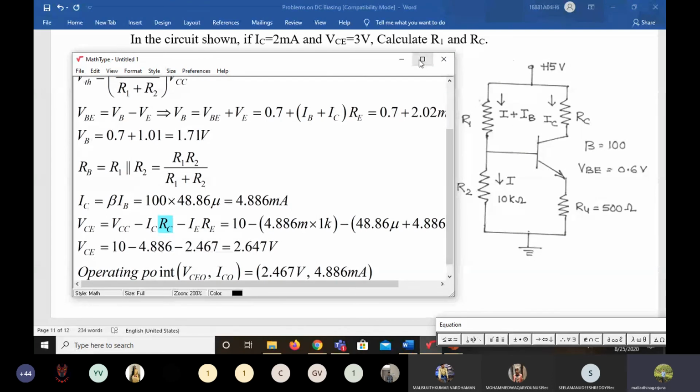Okay. Any doubts in this problem? Any queries?